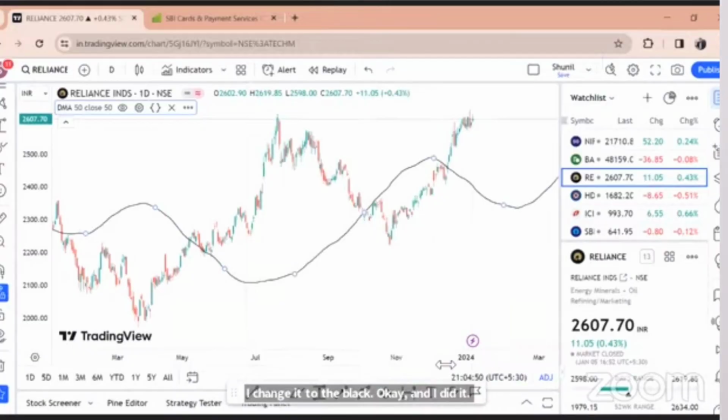Now, for the trend investors, when the DMA of a company cuts the candle and the candles are moving above the DMA, then this is a point of entering for the trend investor because you know that the market trend is positive.